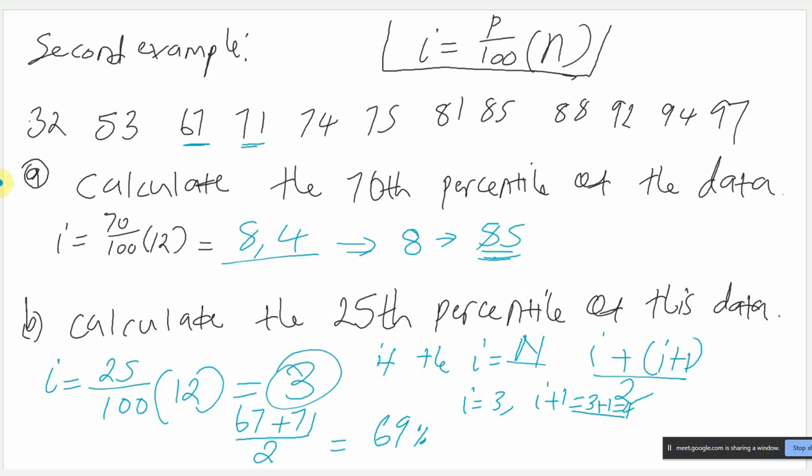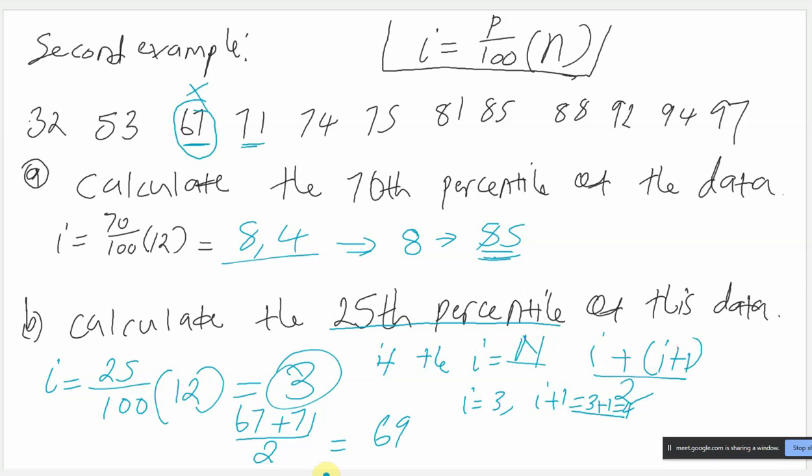Let me not write percent, because that's not what I'm looking for. So the 25th percentile of this data is 69. It's not 67, but 69.